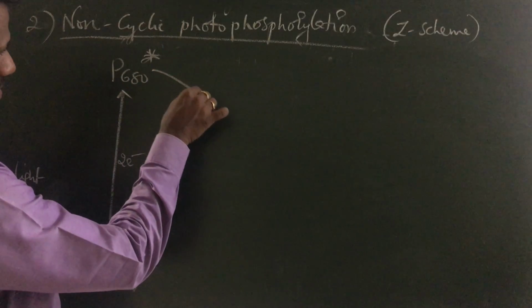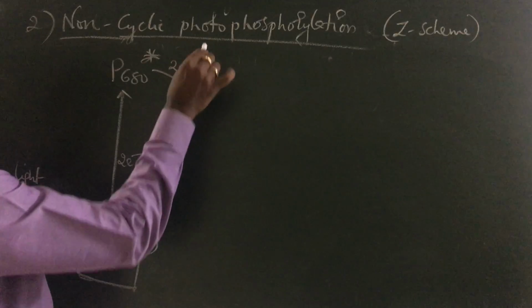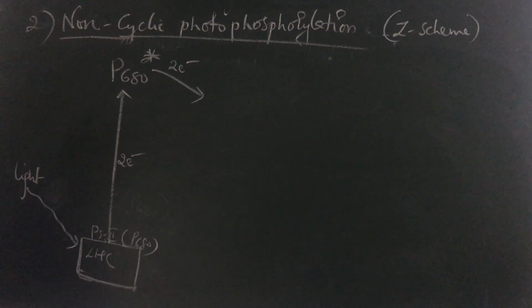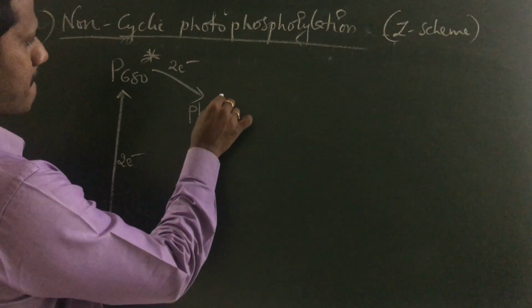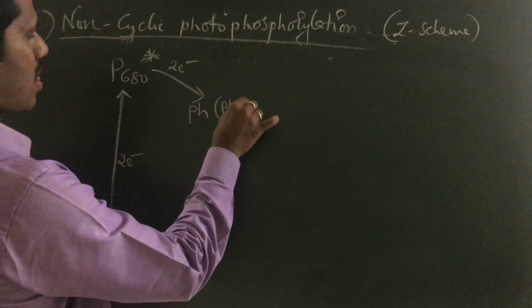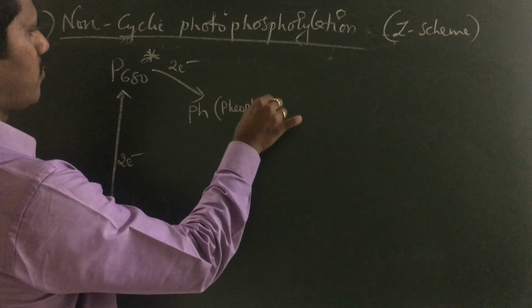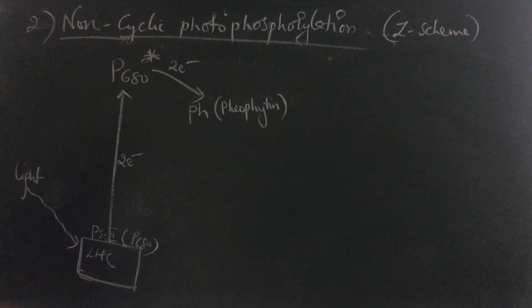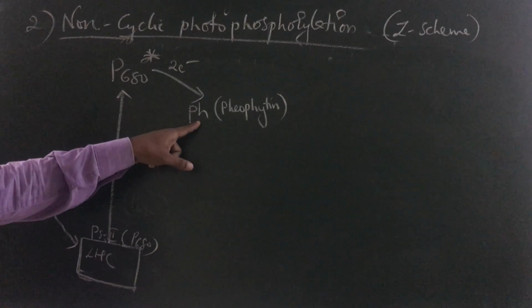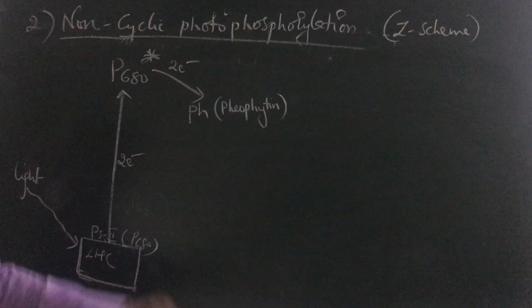The electrons are first accepted by pheophytin. Pheo stands for pheophytin. The primary electron acceptor in non-cyclic is pheophytin.